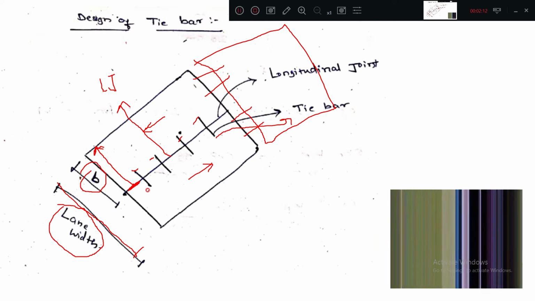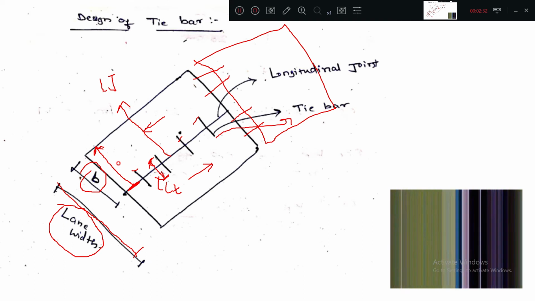Now this length we generally call LT. LT is nothing but length of tie bar. I hope the dimensions are clear.